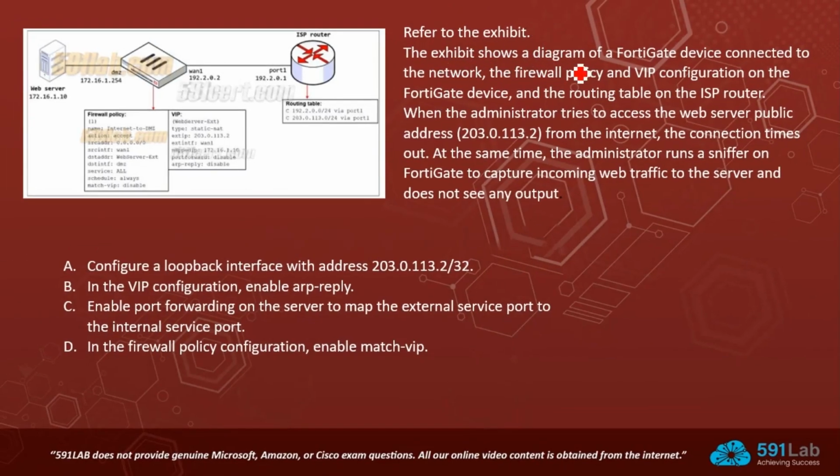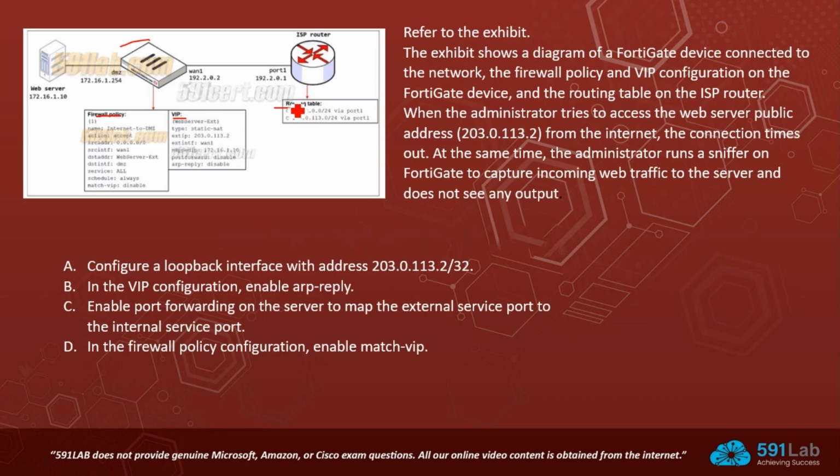Refer to the exhibit. The exhibit shows a diagram of the FortiGate device connected to the network, the firewall policy and the virtual IP configuration on the FortiGate device, and the routing table on the ISP router.